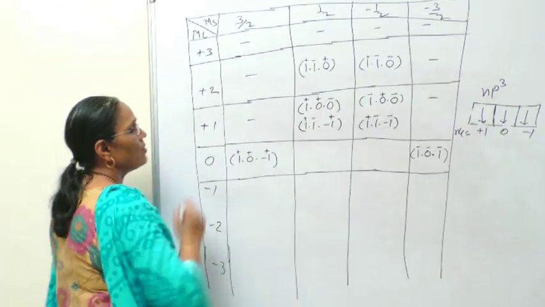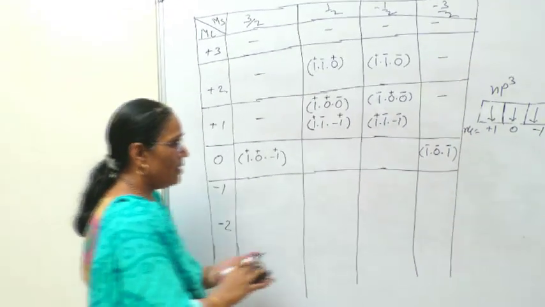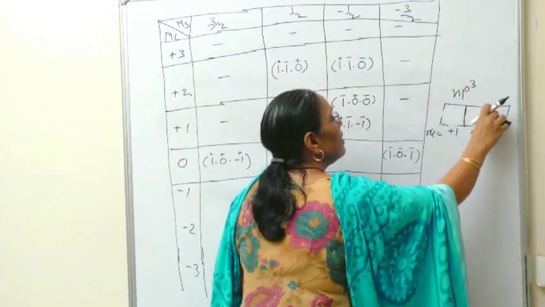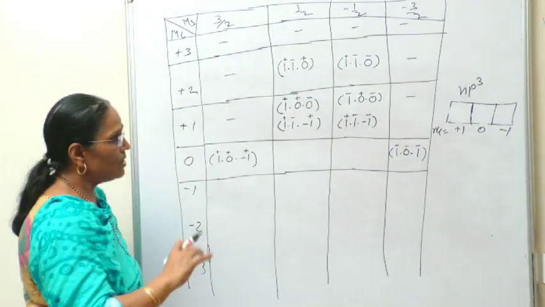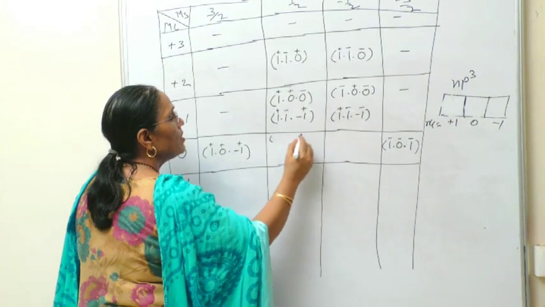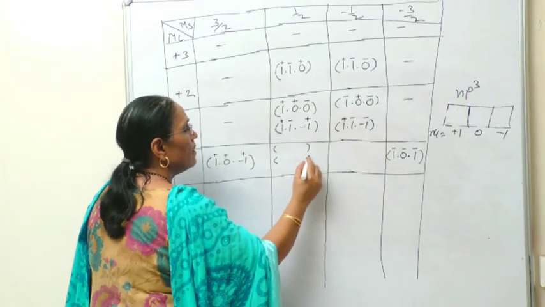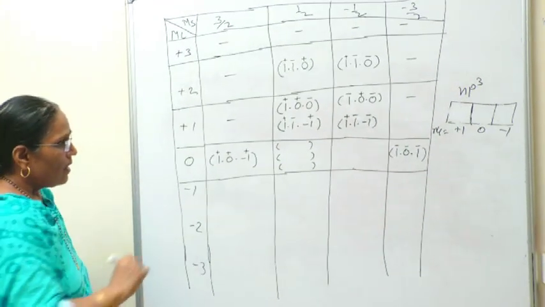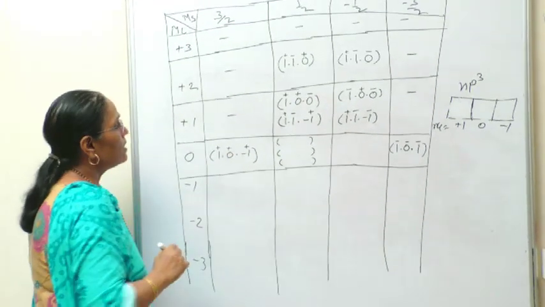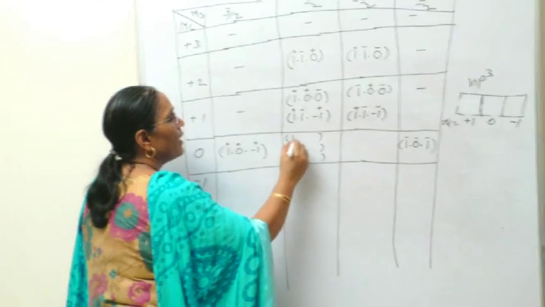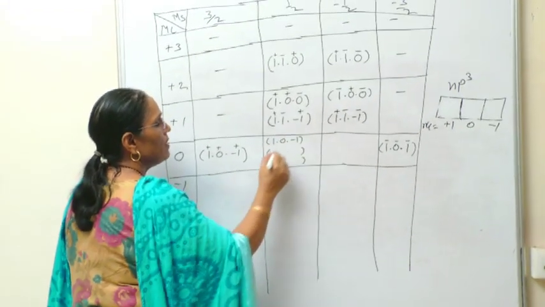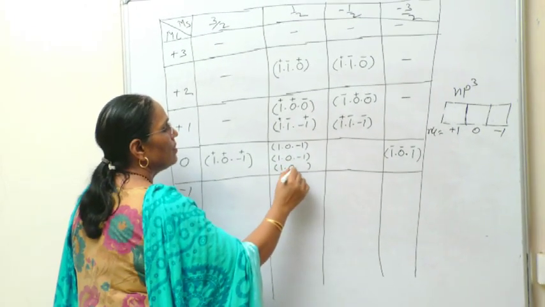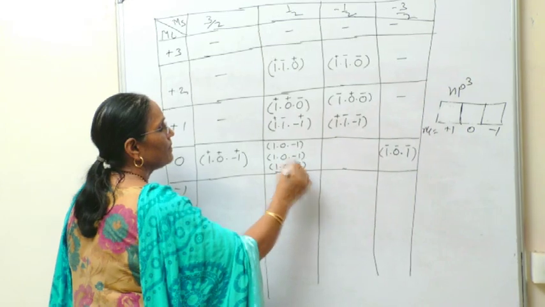Now from the first microstate we can make a total of 3 microstates by changing spins. So in the first, second and third microstates, we can adjust the spins such that the orbitals are 1, 0, minus 1 each time.